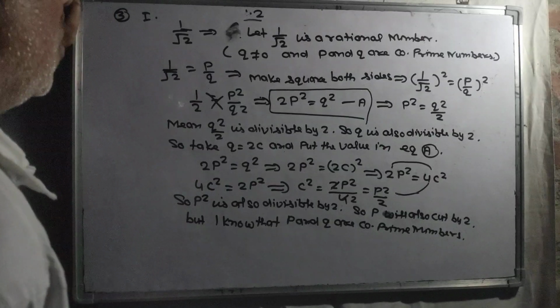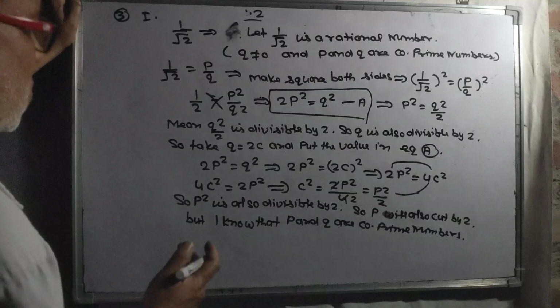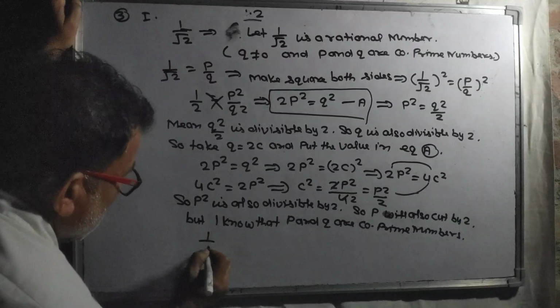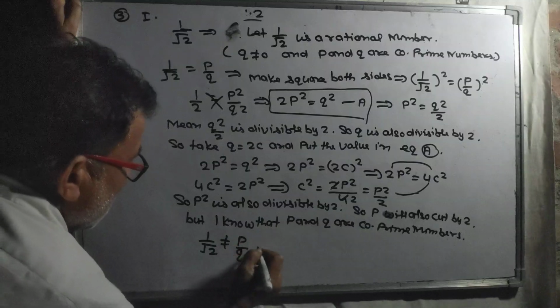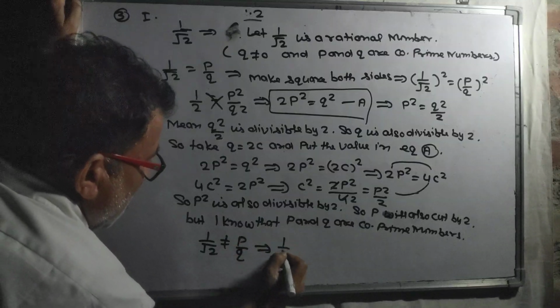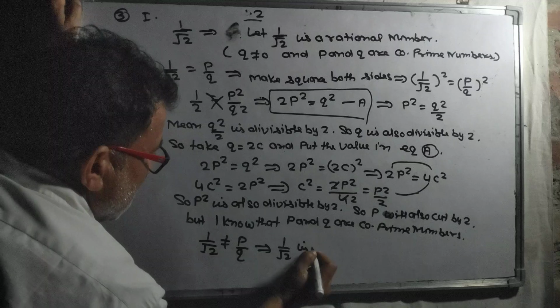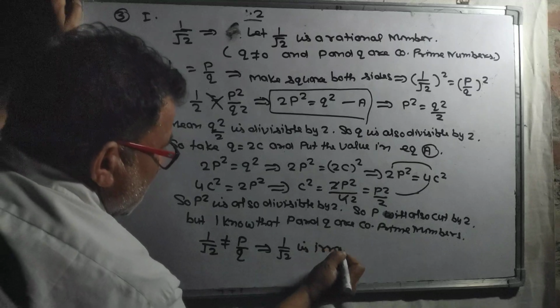We took a wrong idea. So 1 upon root 2 is not equal to p by q, so 1 upon root 2 is an irrational number.